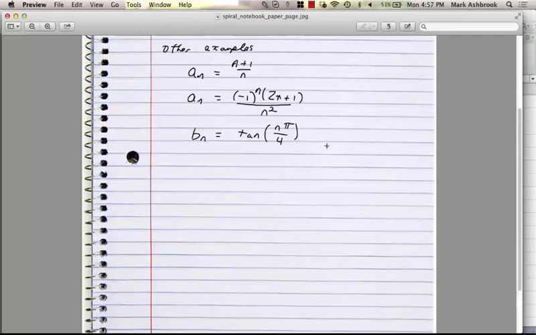All right, so pick one. Just pick any one you want and write the first 3 terms, okay? Everyone pick one and write the first 3 terms.